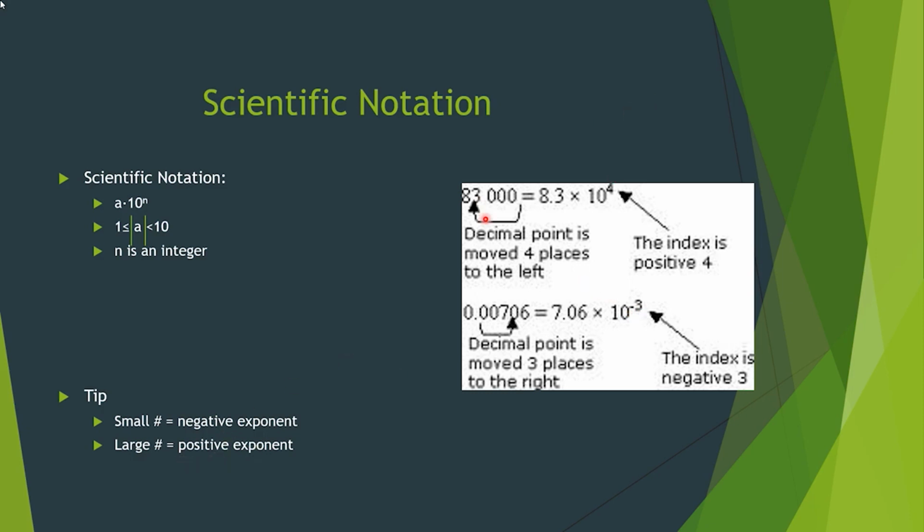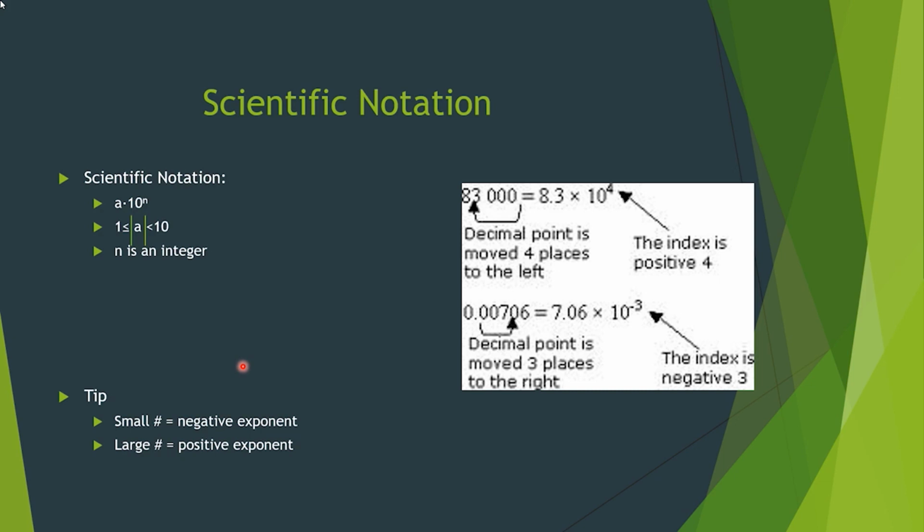When it's a large number, basically anything larger than 1, then you're going to end up with a positive exponent. So a small number as a decimal has a negative exponent in scientific notation, and a large number has a positive exponent. By doing this little tip, that will direct you on how you convert it.